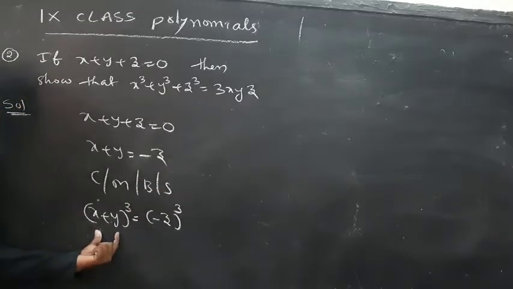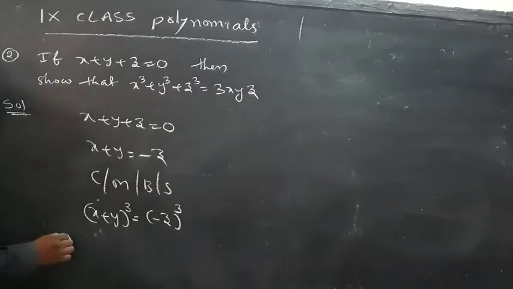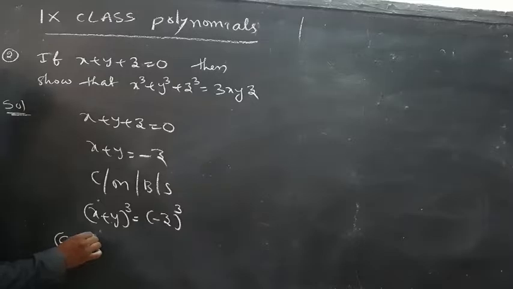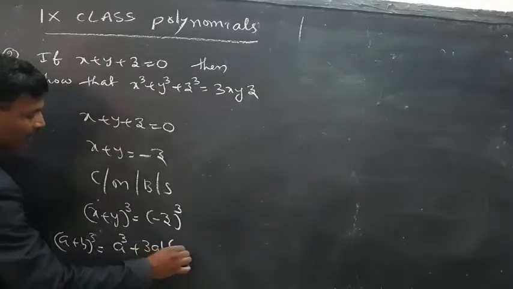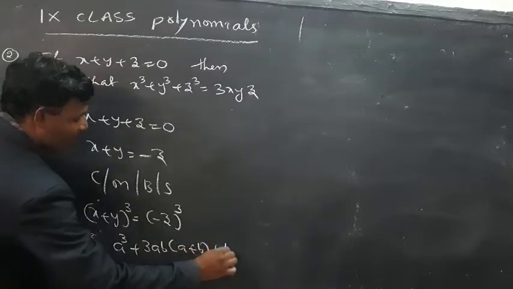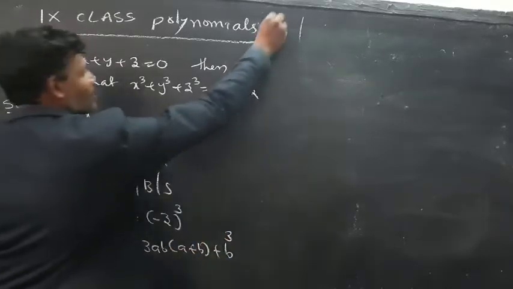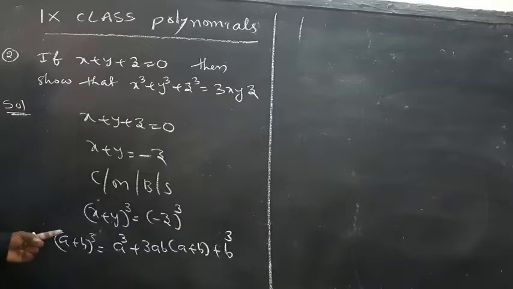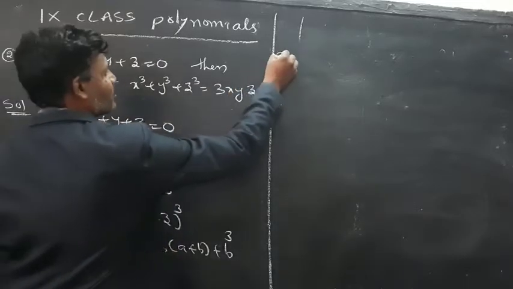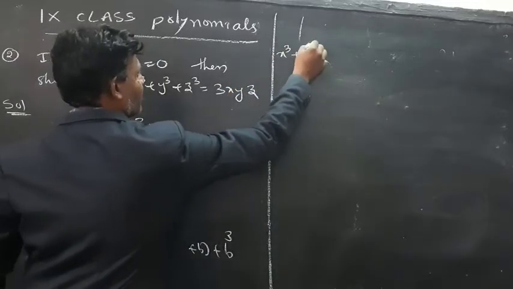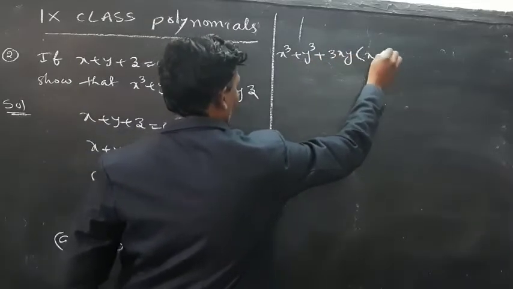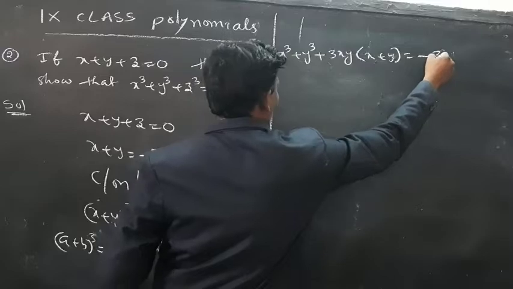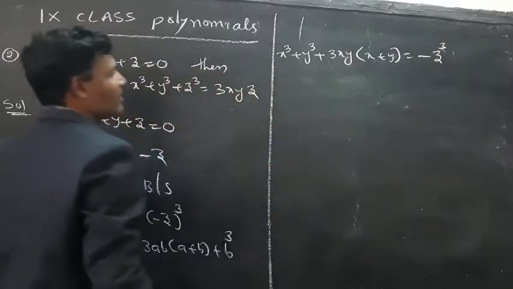Now it is in the form of (a plus b) whole cube. Already we know the formula. What is the formula? (a plus b) whole cube is equal to a cube plus b cube plus 3ab bracket (a plus b). So by applying that, what can we write here? a cube means x cube, b cube means y cube, 3ab means 3xy bracket (x plus y), is equal to minus z cube.